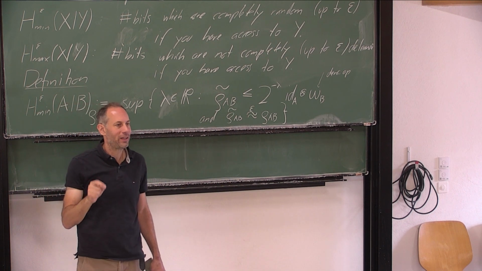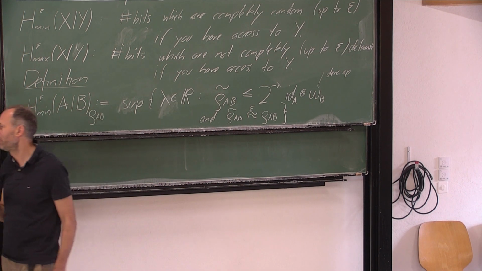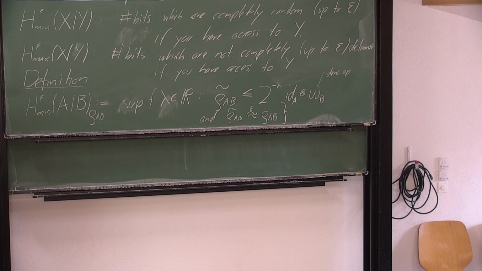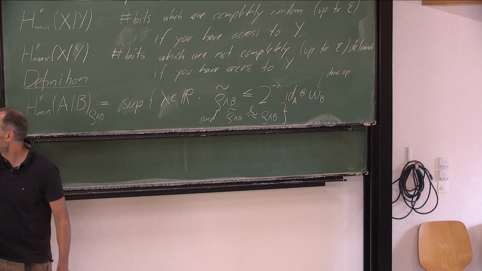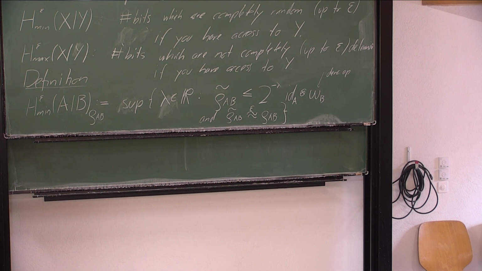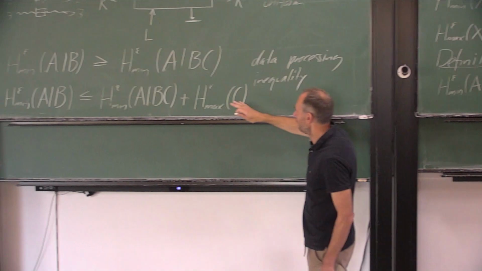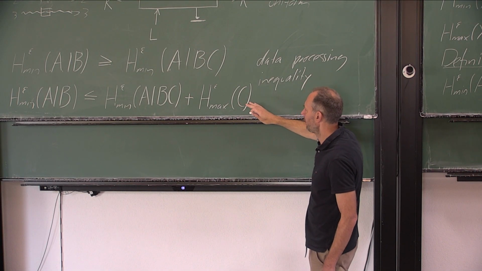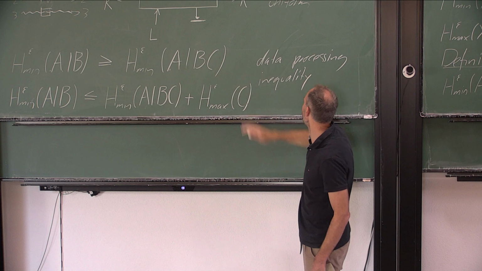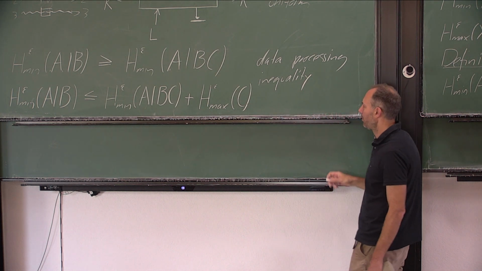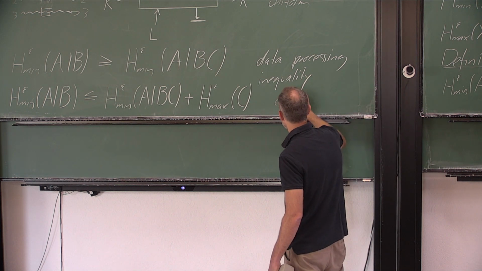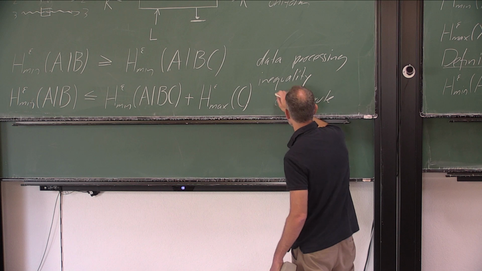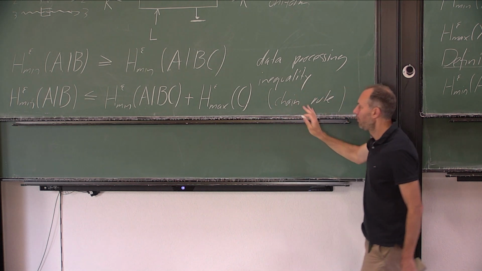It shouldn't be more than the number of bits of information you get, and that's, in a sense, what this inequality says. So there are several chain rules, and actually this is not an elementary chain rule. This is something that is derived from the chain rule together with the data processing, but that's a property we'll need. I will still call it a chain rule, because that's a vague expression, and we will need that.